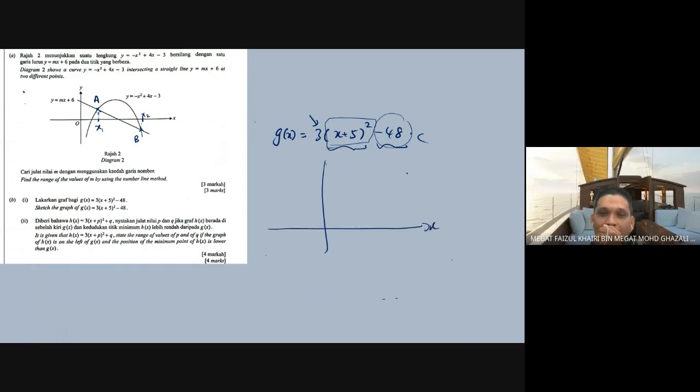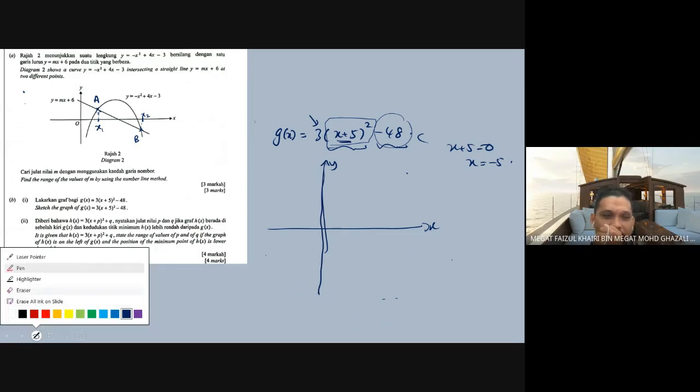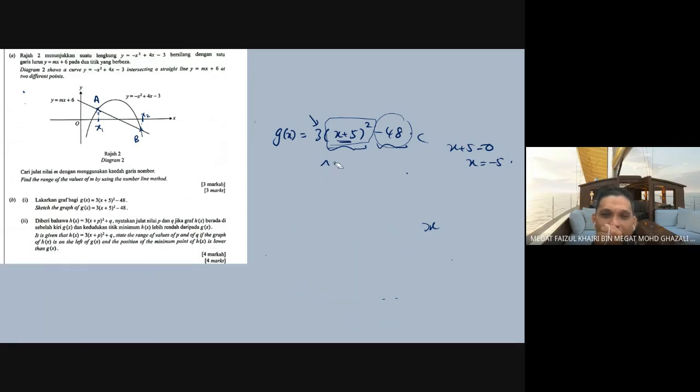Wait, I think it's the other way around. One is maximum, one is minimum. So let's say x plus 5 equal to 0, then x equal to negative 5, am I right? Yes. I don't have a ruler here.